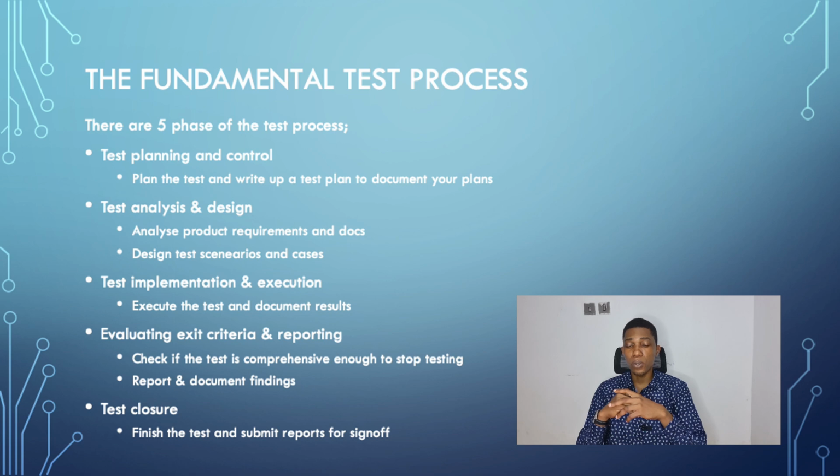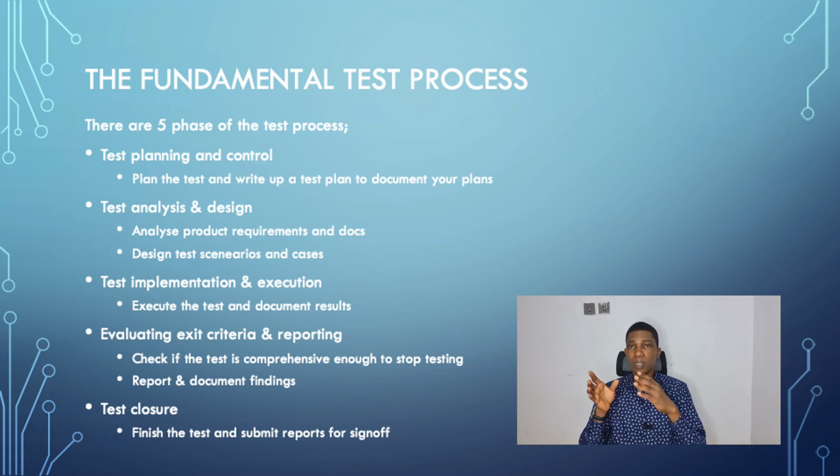It also involves examining the specifications of the software being tested. Review all the product documentation you've been given so as to know what you're testing, and how you're going to go about running this test. So that's what is involved in test analysis and design.